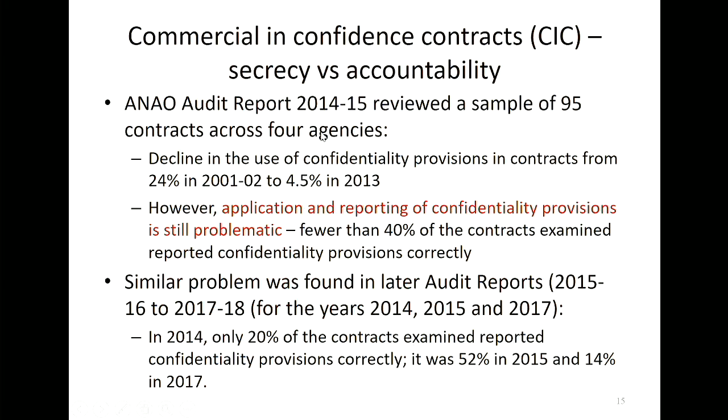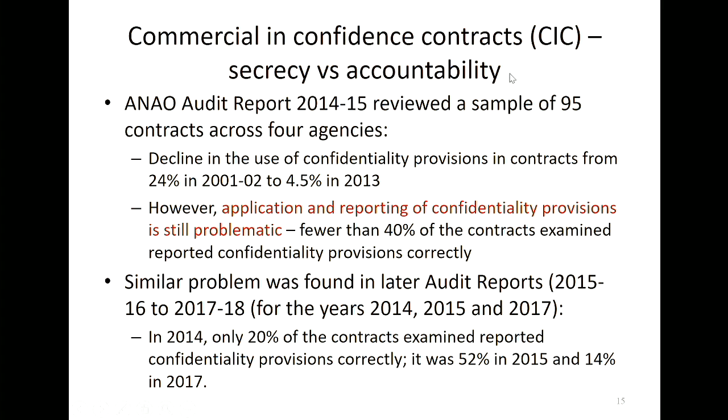Okay, so the ANAO audit report reviews a sample of 95 contracts across 4 agencies. And they see a decline in the use of confidentiality provisions over time. However, the application and reporting of confidentiality provisions is still problematic. Fewer than 40% of the contracts examined report the confidentiality provision correctly.